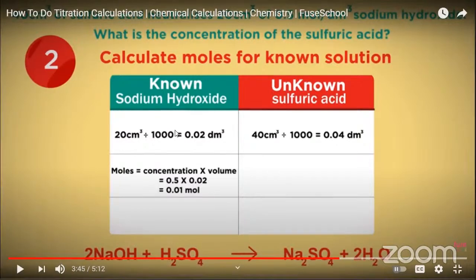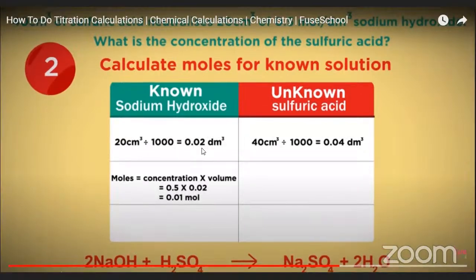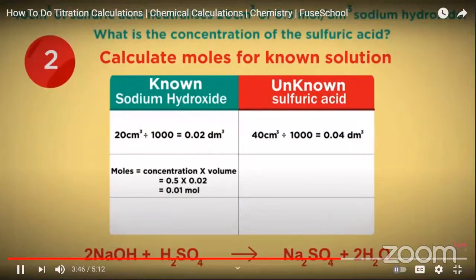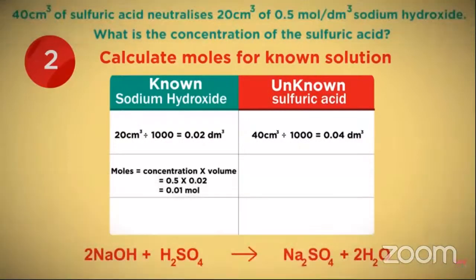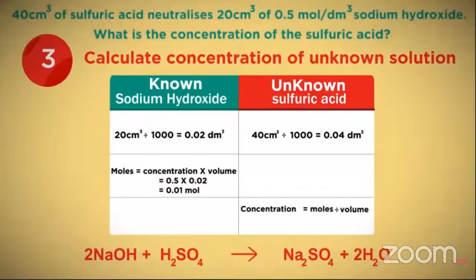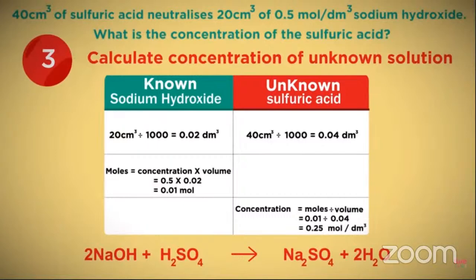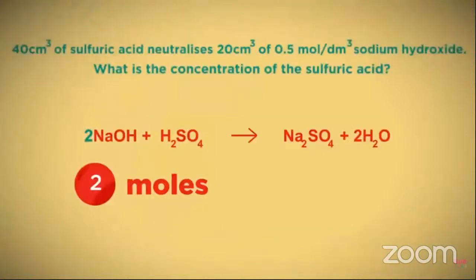Now calculate the concentration of the unknown solution. The concentration of the unknown solution, sulfuric acid, equals 0.01 divided by 0.04, which equals 0.25 mole per cubic decimeter. But from the equation, we know that 2 moles of sodium hydroxide reacts with 1 mole of sulfuric acid.